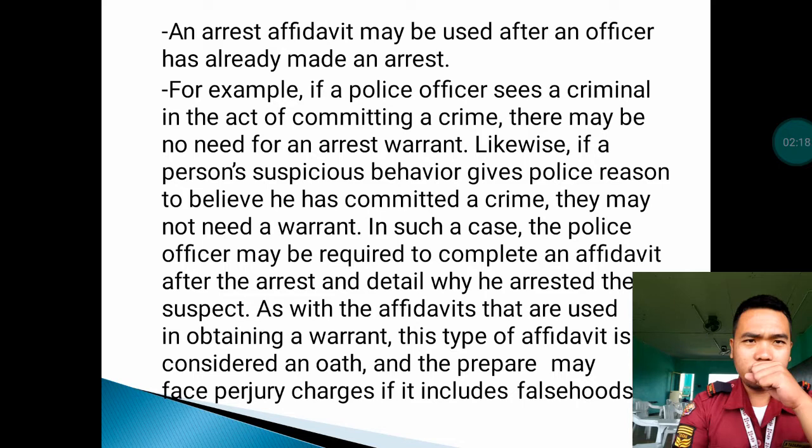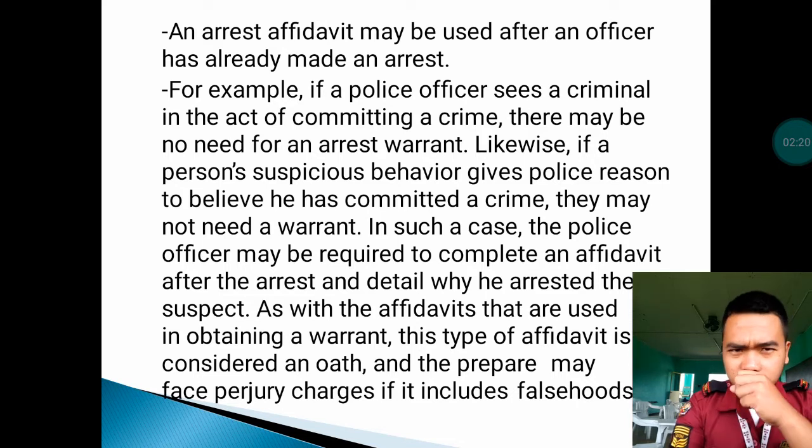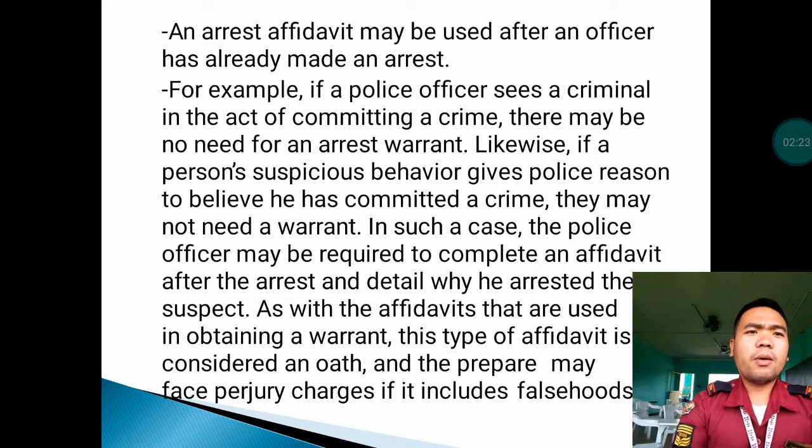For example, if a police officer sees a person in the act of committing a crime, there may be no need for an arrest warrant. Likewise, a person's suspicious behavior may give police reason to believe he has committed a crime, so there may not be a need for a warrant.